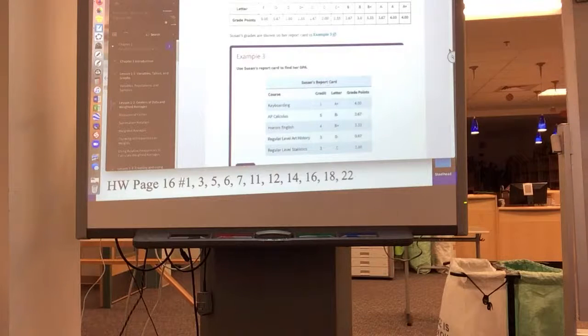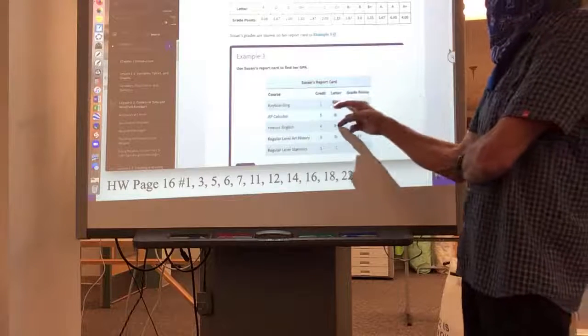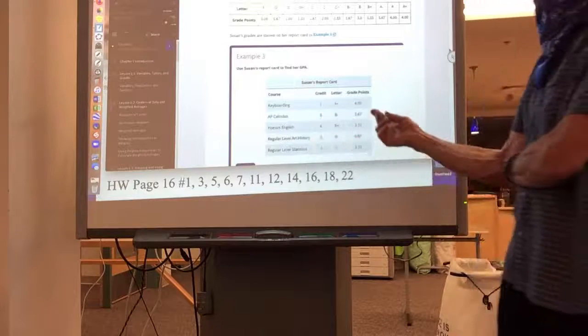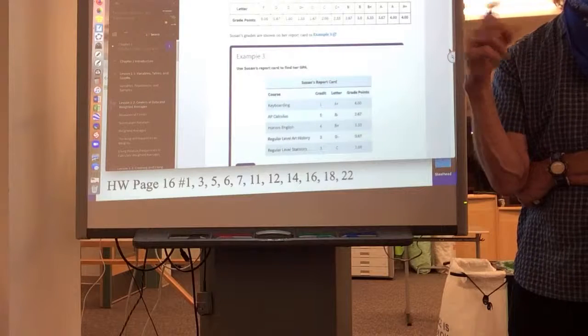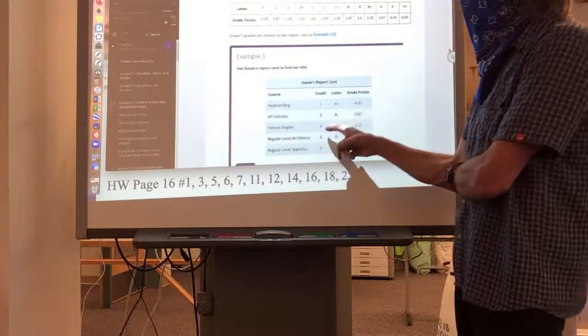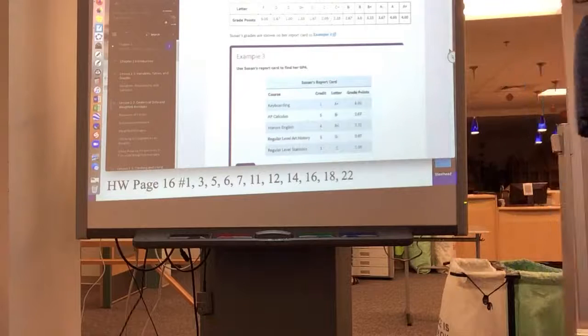What they're showing us here is, for example, keyboarding. Keyboarding is worth 1 credit. AP Calc is worth 5 credits. So AP Calc is going to have 5 times the influence on your GPA as keyboarding does. And Honors English is going to have 4/5 of the influence of calculus on your GPA.